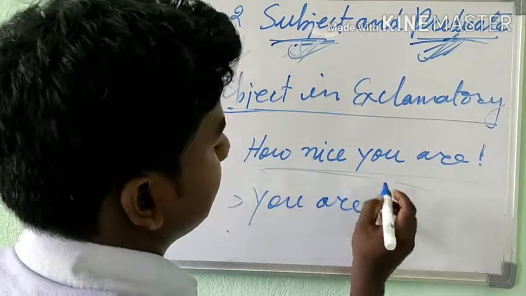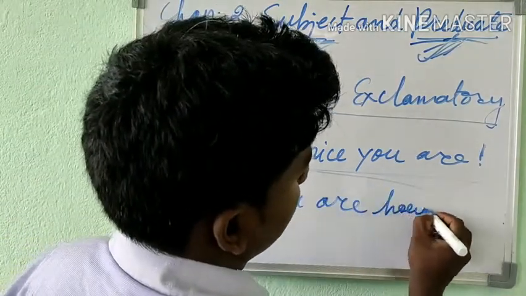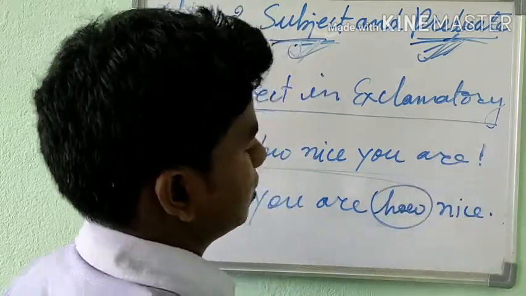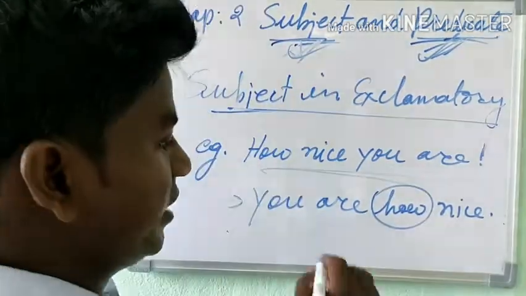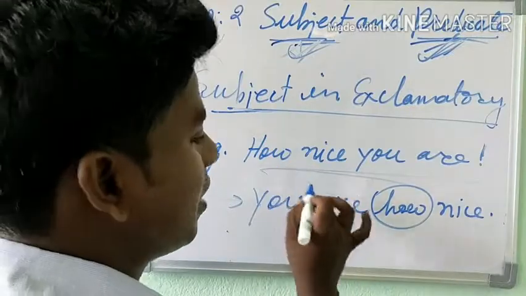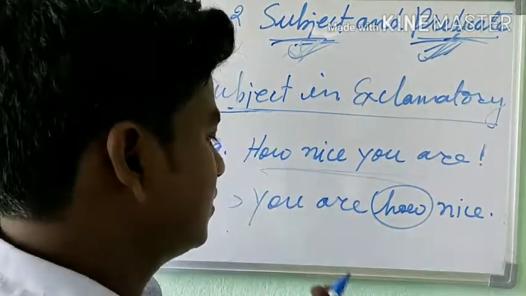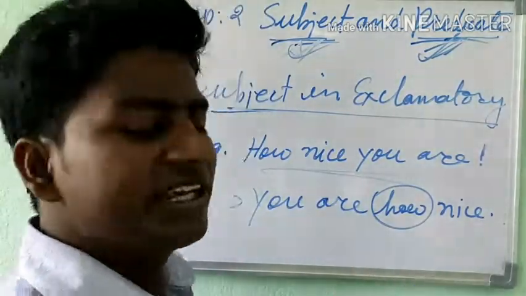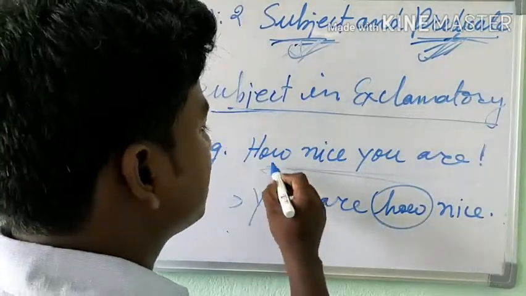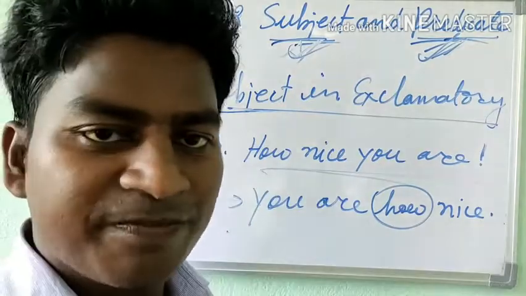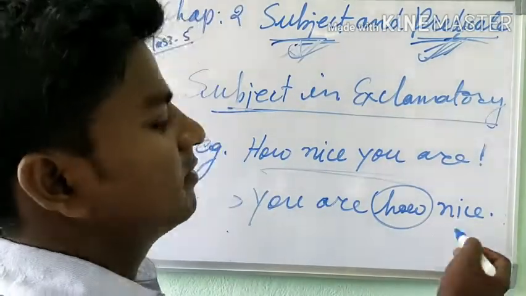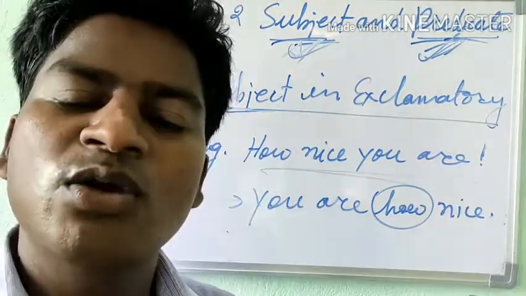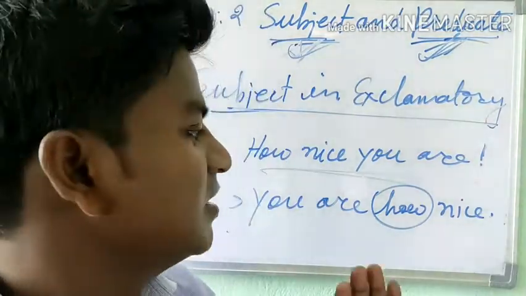You are how nice. Usually we do not say how, but since how is here, we just wrote it there. Otherwise, you are nice. You are very nice. The meaning. But here, since the word is here, we just wrote it there. So, you are nice. And this is just a simple ordinary statement we made.